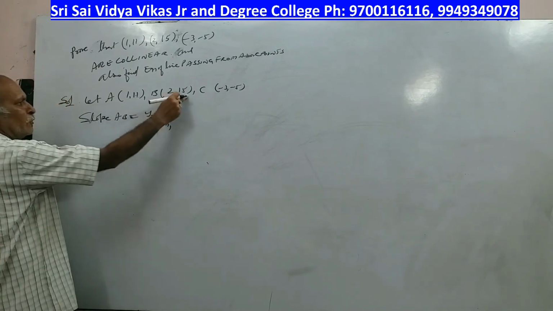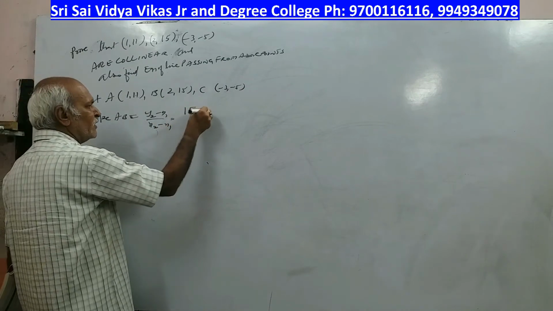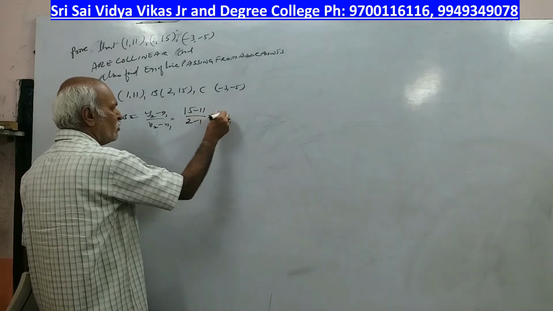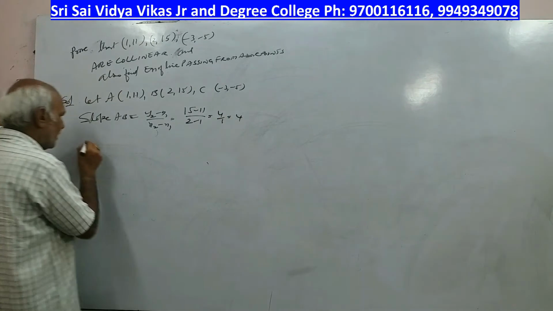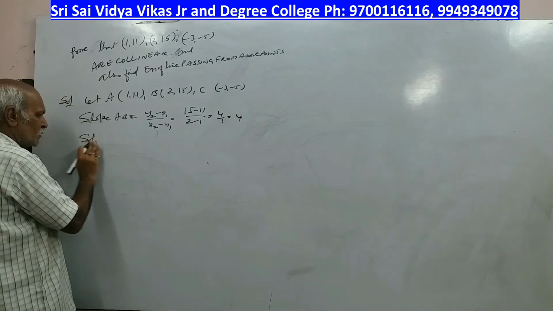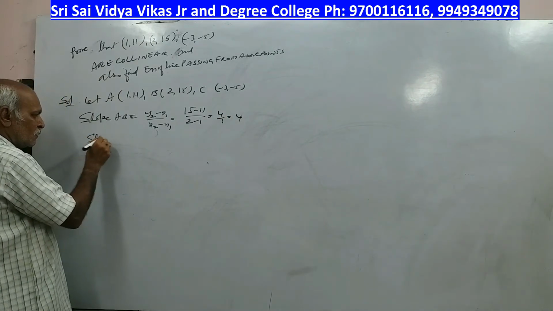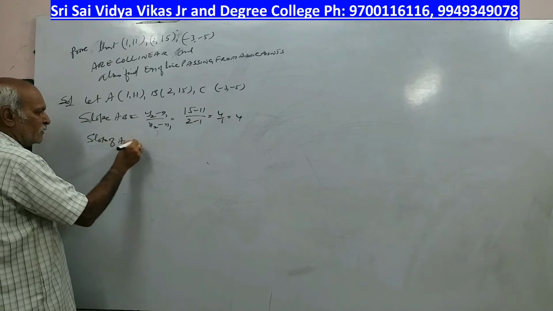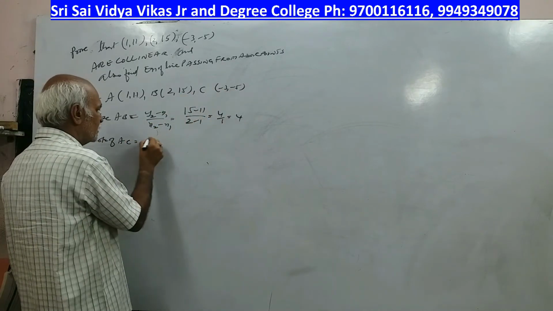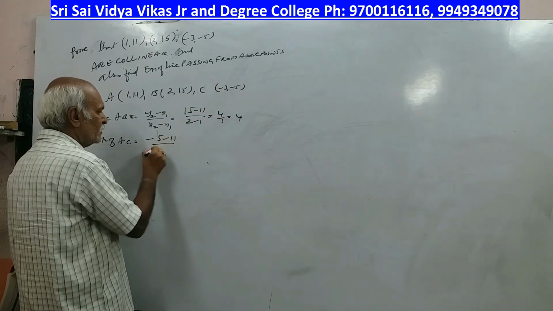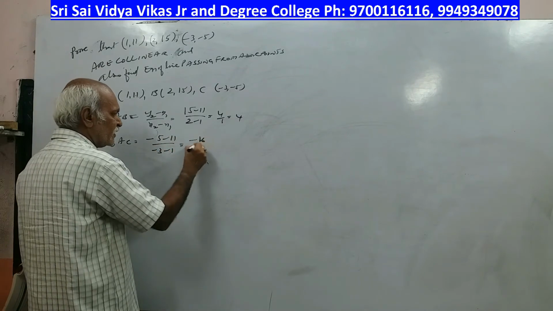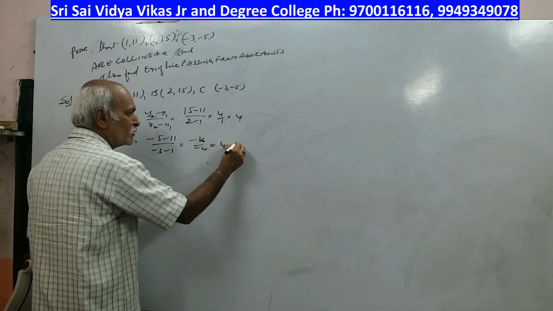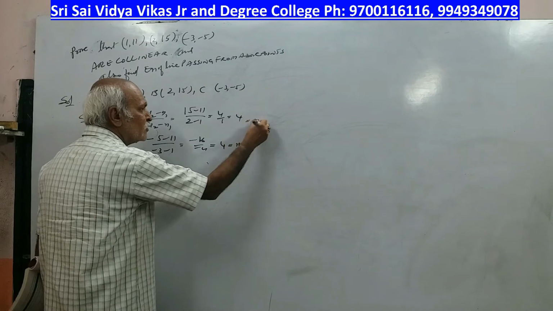That means 15 minus 11 by 2 minus 1. How much do we get? 4 by 1, that is 4. And slope of AC: minus 5 minus 11 by minus 4, so minus 16 by minus 4 is 4. This is m2. This is called m1.